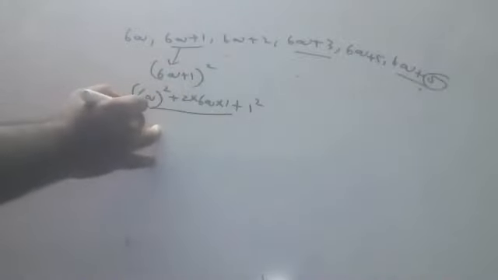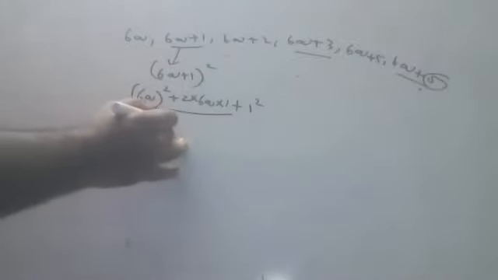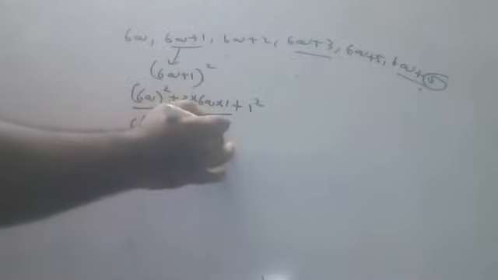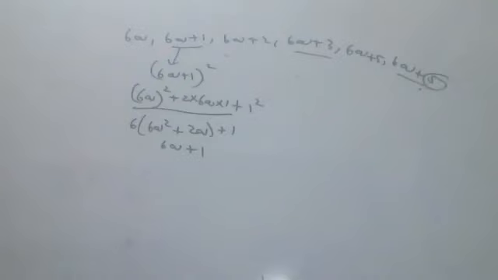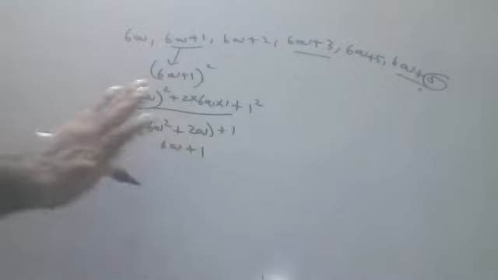If you do square, what do you get, children? a square plus 2ab plus b square. Till 6 here, if you take common, 6q square plus 2q plus 1. This is in the form of 6q plus 1. Yes, it won't be in the form of plus 2 and plus 5. That's all, no? Plus 2 and plus 5. Yeah, plus 1 became. Yes, it's not.